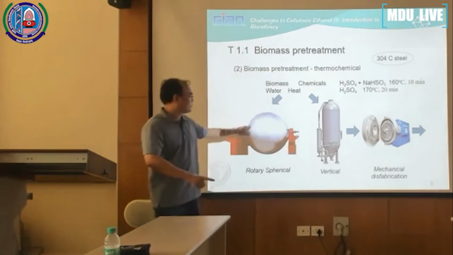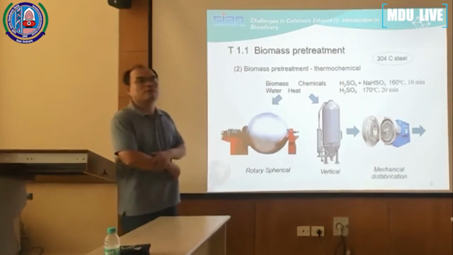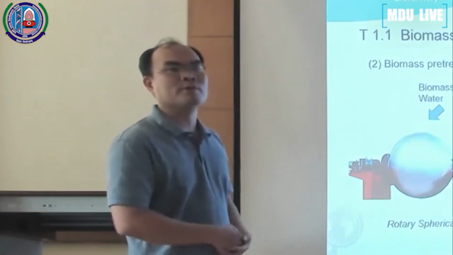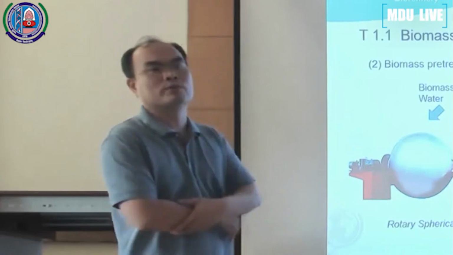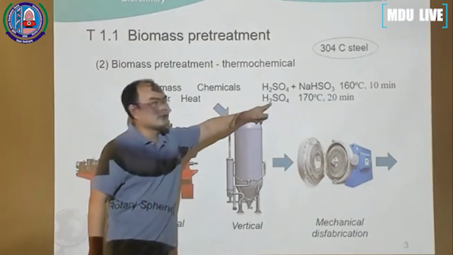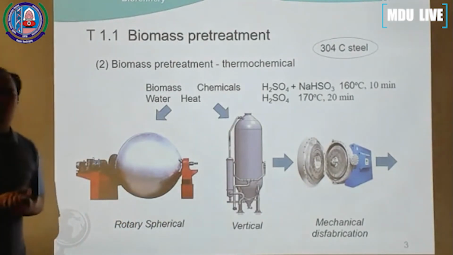First, the steel should be 304 carbon steel. Mostly we use 302 steel. 304 can stand the dilute sulfuric acid. Tolerate dilute.